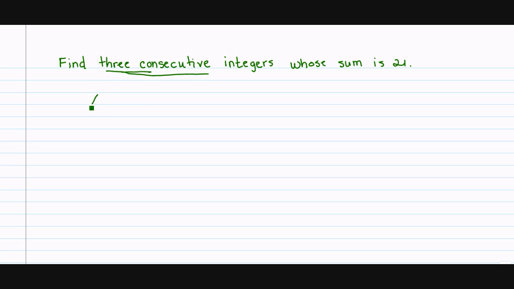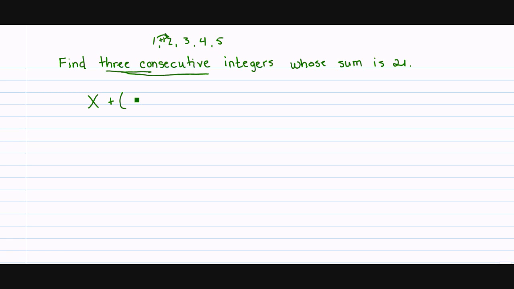I'm going to let the smallest one be x. Now it doesn't say if it's odd or even, so I'm looking for integers that go 1, 2, 3, 4, 5, because I'm just looking for integers that are in order. And I'm adding. What do I add to get from 1 to 2?